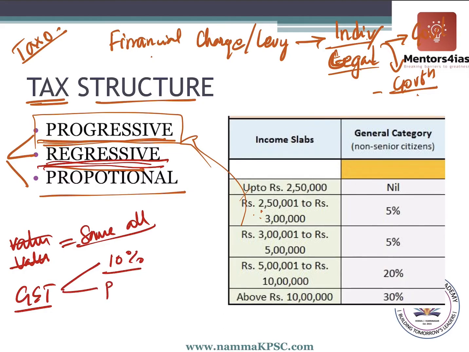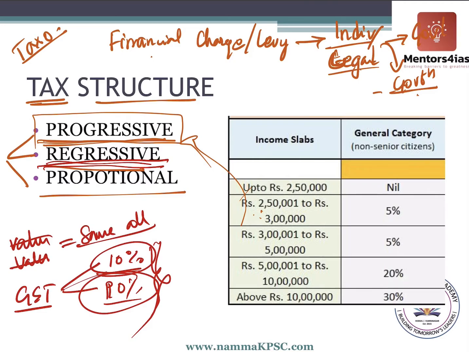Even a poor person has to pay 10% GST. Let's say toothpaste is charged at 10% GST. When Ambani buys this toothpaste, he pays 10%. When a poor man on the street buys this toothpaste also, he pays 10% GST. So irrespective of value or volume, the tax remains the same. This is proportional taxes. Example is your GST.